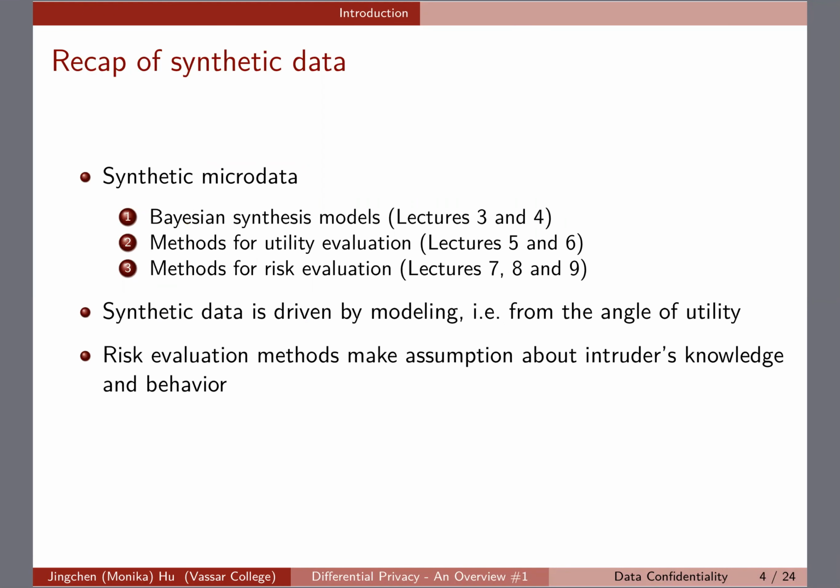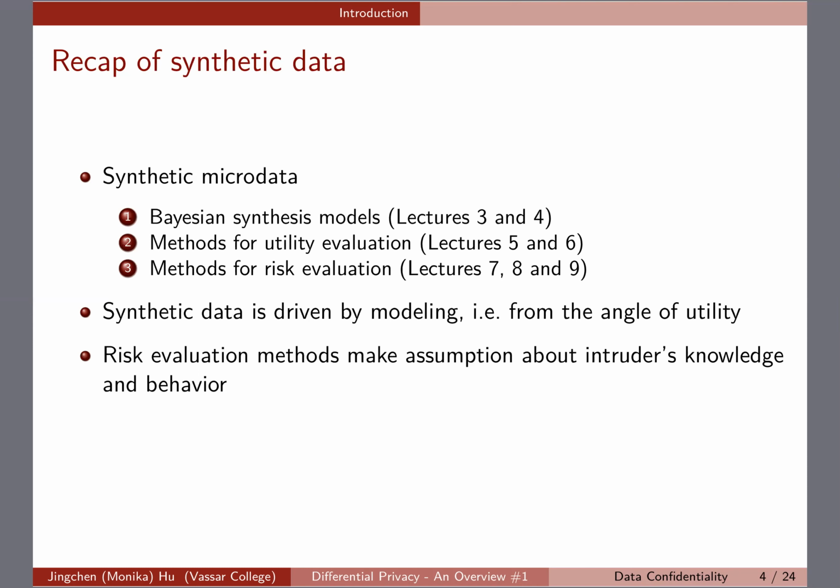So in our class this semester, we've been talking about synthetic microdata, right? We're looking at record level data and thinking about how to use Bayesian methods, Bayesian synthesis models. We spent 2 lectures on that, and different ways to do it: what kind of variable you work with results in different types of modeling technique, right?